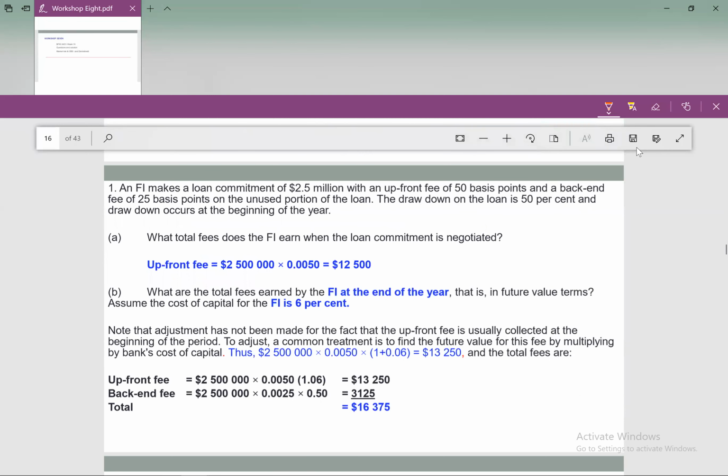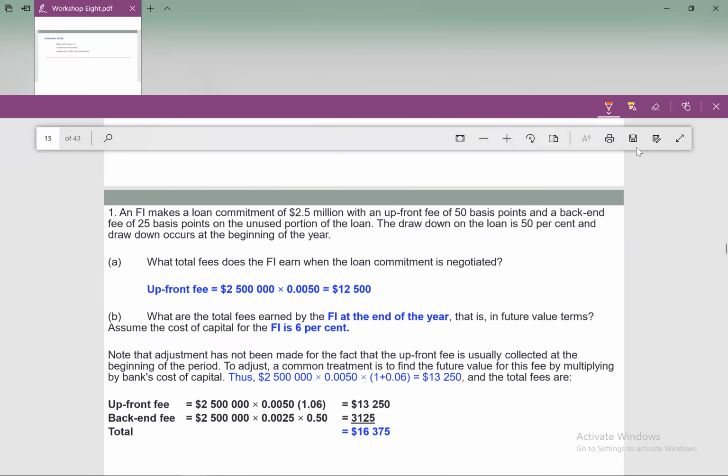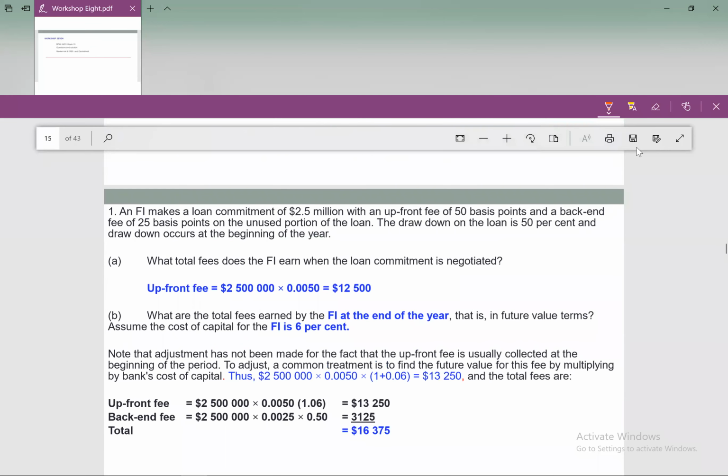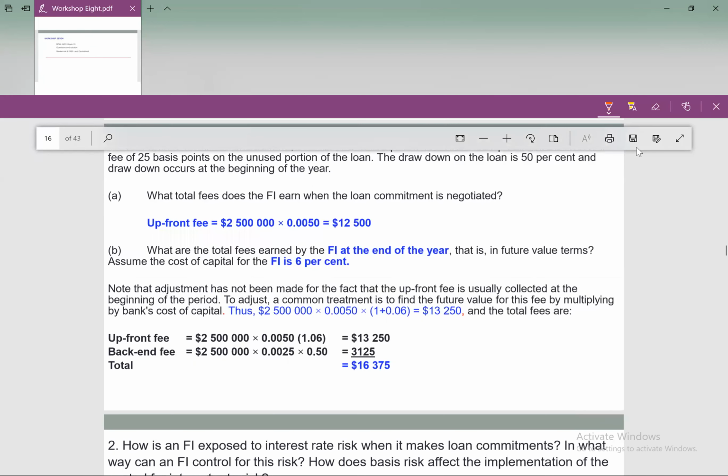Now for this area, I think it's better to understand. This is about the loan commitment. Now, loan commitment, in terms of the fees, it's two fees.